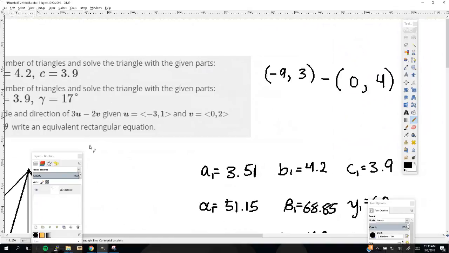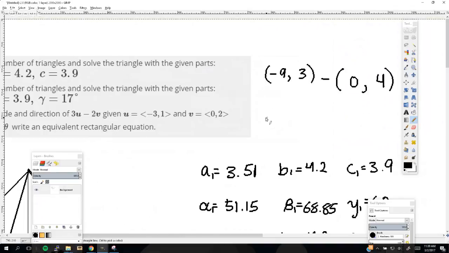Okay. And how do you subtract these guys? Don't you just do 9 minus negative 9 minus 0 and 3 minus 4? Yes, I believe. Okay. Yeah, you're right. Is that just what you do?